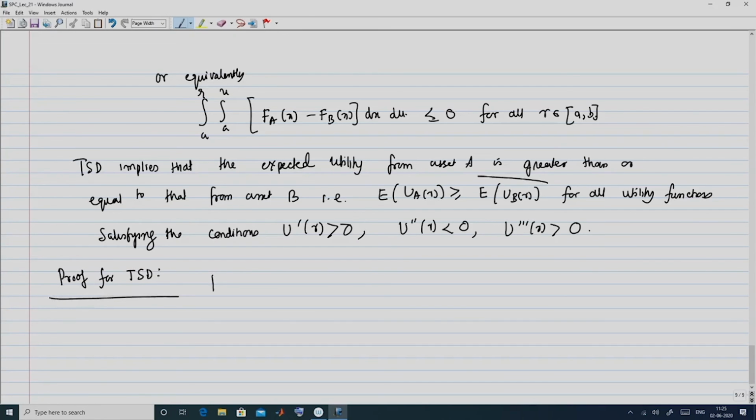Now, since we want to prove that expected utility of A is greater than or equal to B, as before we now recall from SSD an expression for the difference of the two.